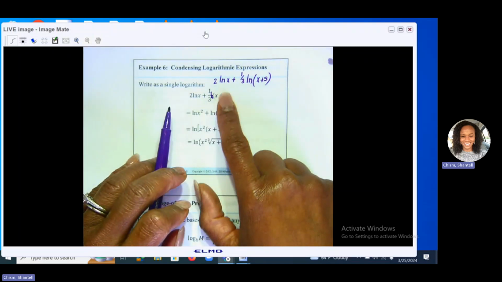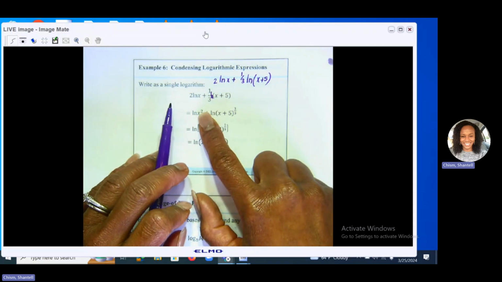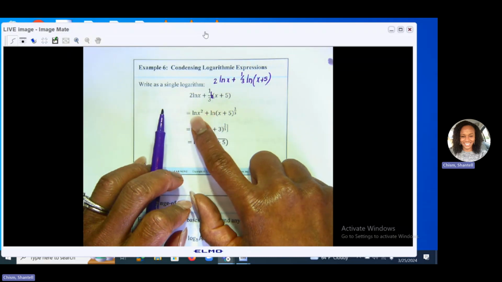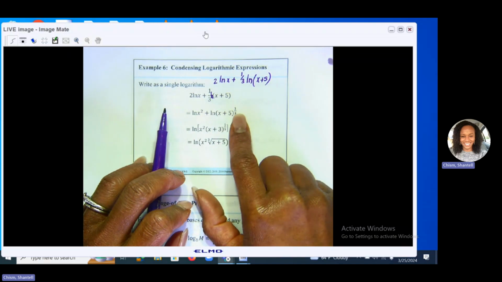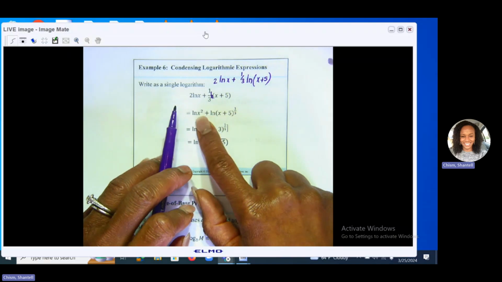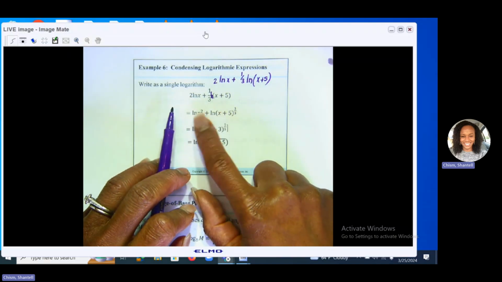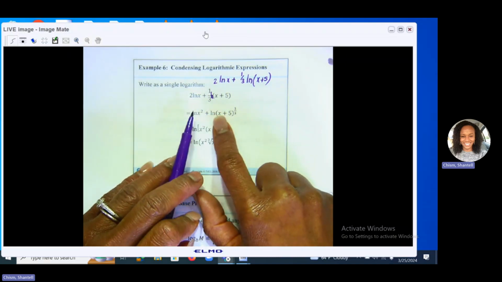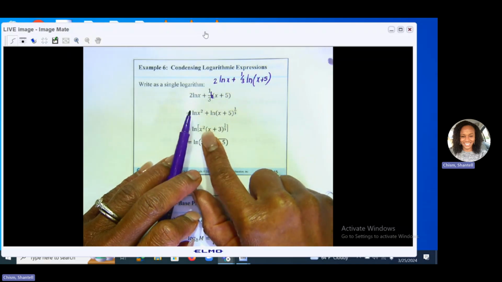So the first thing we do is we take the products and we write them back in the exponent. So that 2 that was brought down is now written up in the exponent, ln of x squared. That 1/3 that was brought down is now written up in the exponent as 1/3. Okay? Then notice that we've got the ln, which is natural log, same base e, same natural log expression of a product, of a sum, and we're going to write it as a product.